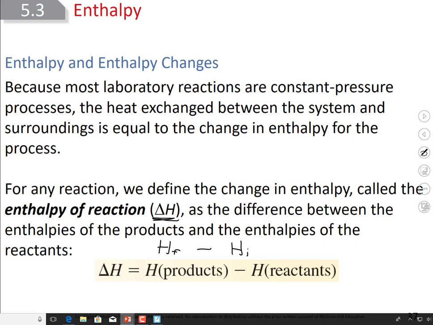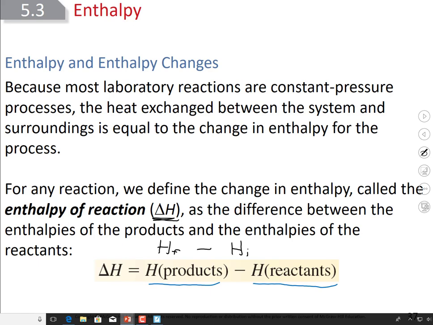All right, so again, just know the general concept there. For any reaction, because enthalpy is a state function, it's the final state minus the initial state. For a chemical reaction, your final state are your products. Your initial state are your reactants, right? So we could write the change in enthalpy as being equal to the enthalpy of our products minus the enthalpy of our reactants.